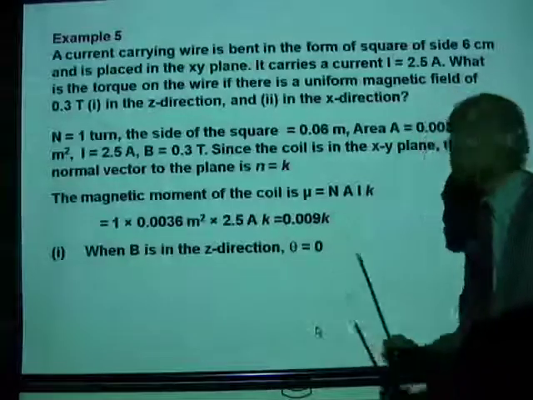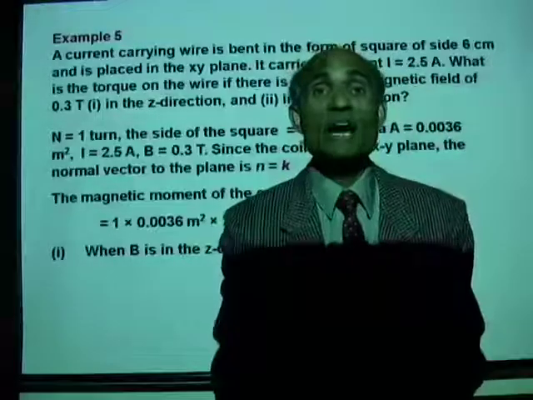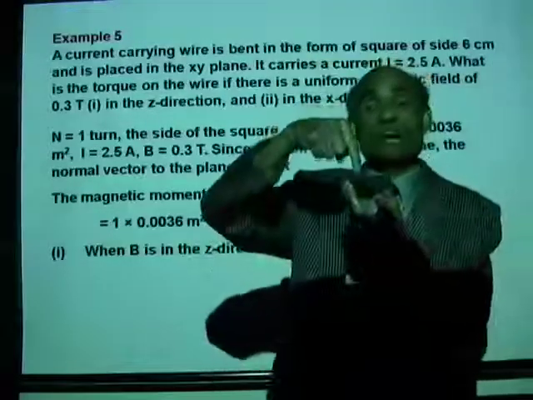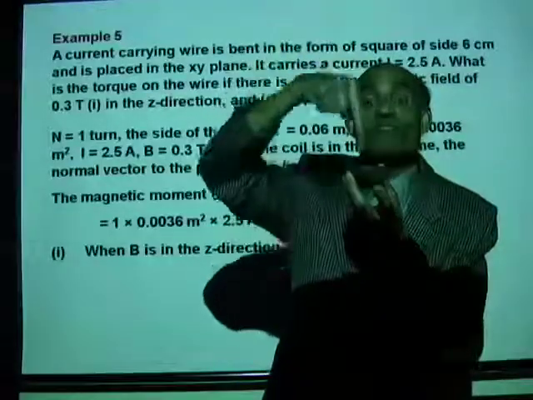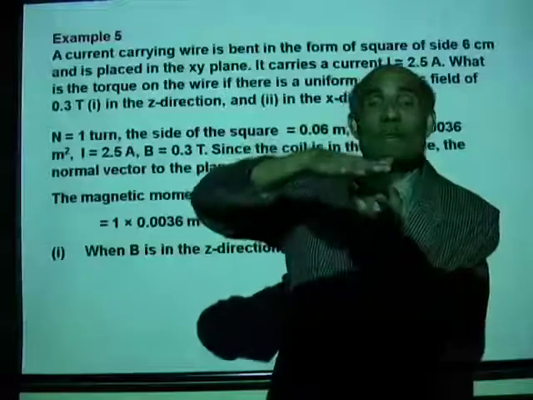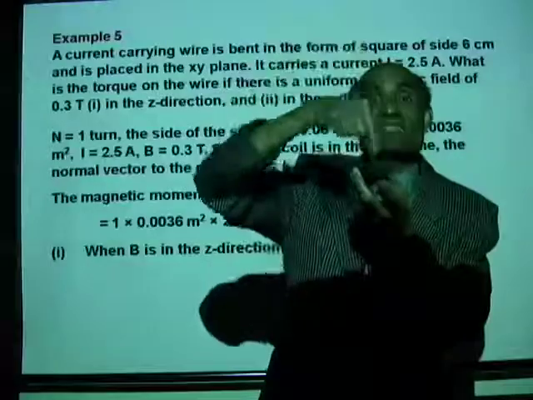That means the angle theta is 0. The angle theta is the angle between the direction of the field and the direction of the normal vector to the plane. So this is the xy plane. The normal is a z vector.